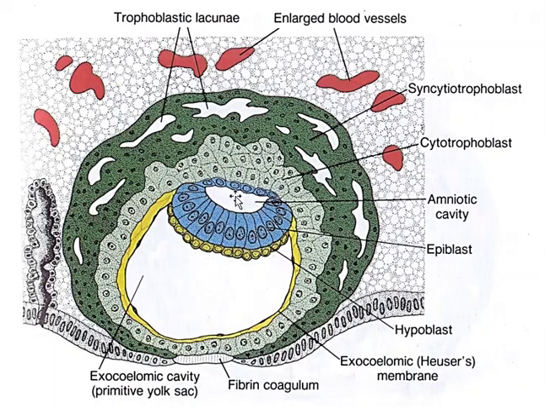This is the amniotic cavity, and this is the primitive or primary yolk sac, lined by Heuser's membrane or exocoelomic membrane and the hypoblastic cells, while the amniotic cavity is lined by amnioblast here and the epiblast there.